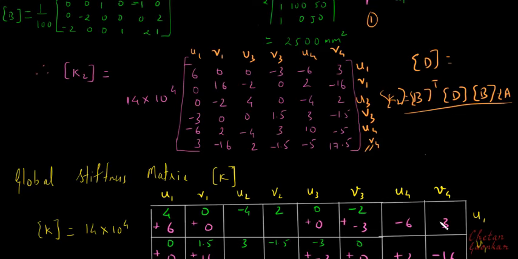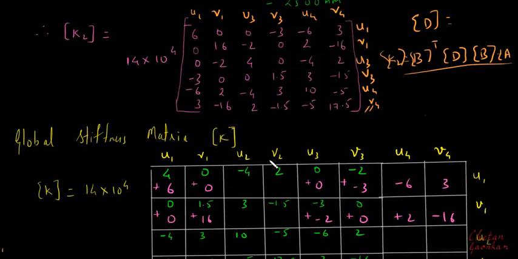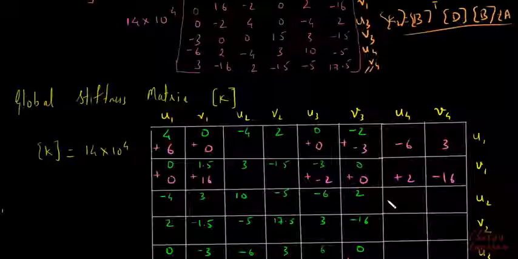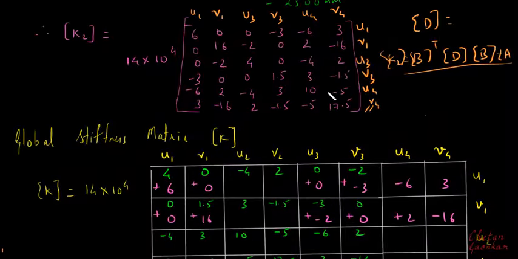So v1 and u1 is this, so this zero term will go here. Now there is no node number 2 in this second stiffness matrix. So wherever there are number twos, or the nodal degrees of freedom are with respect to the second node, it will be empty, there won't be any value from this matrix.